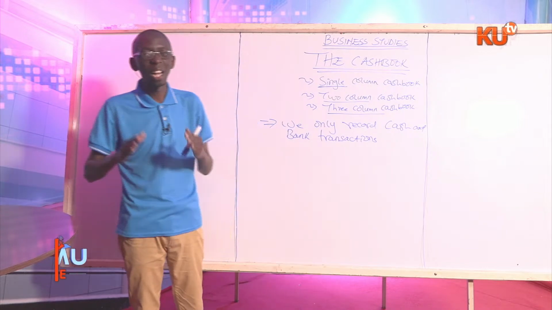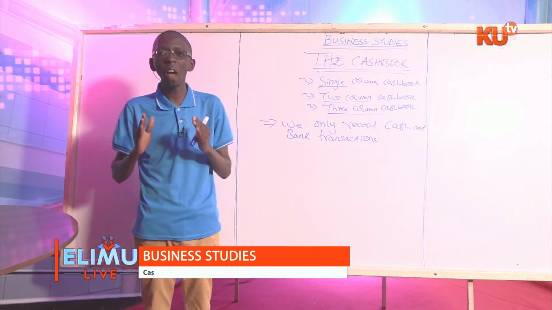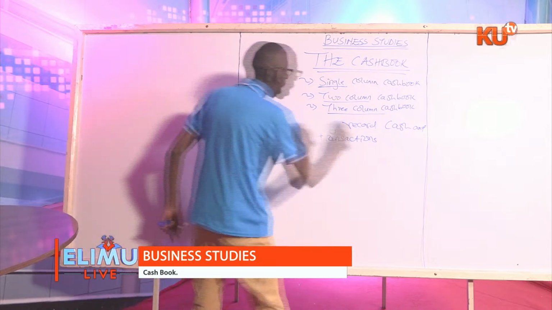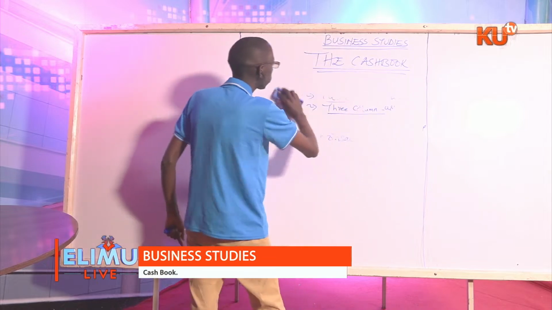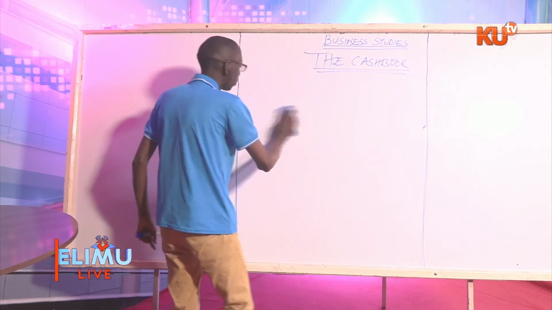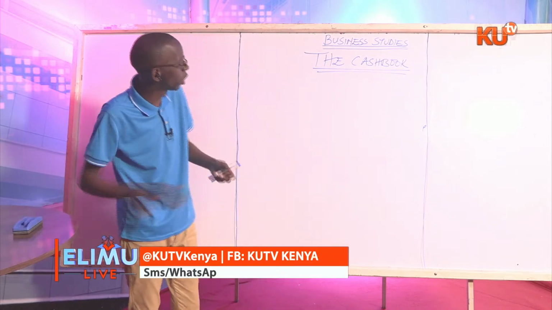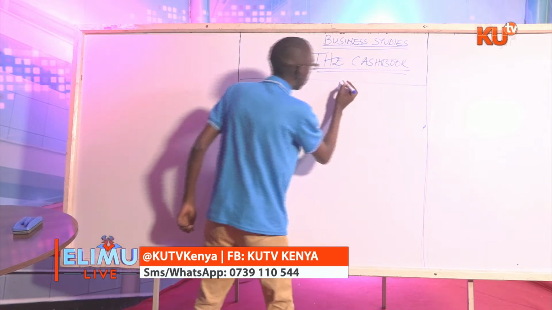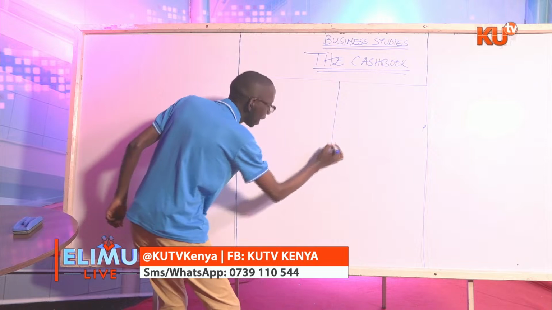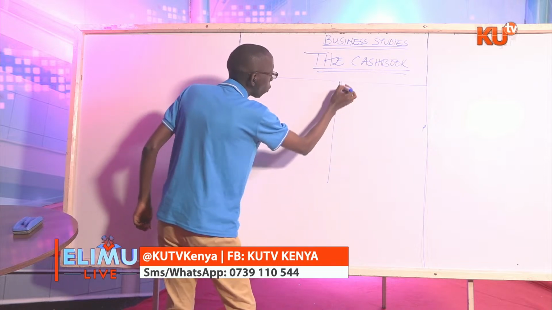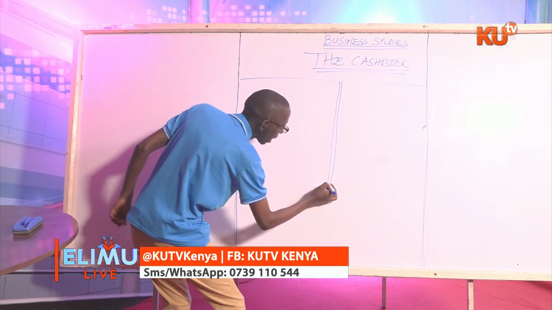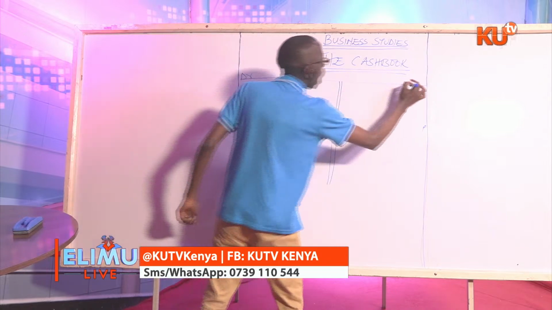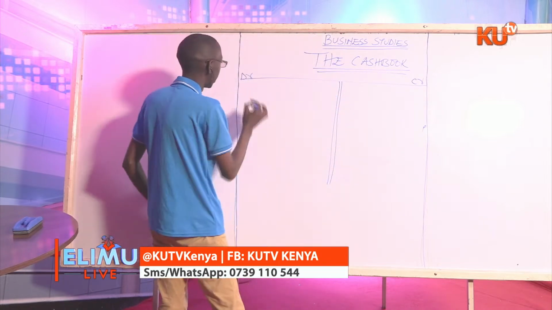My dear students, let us have the format of a three column cash book. We have to divide it into two. We have double lines there where we have the DR side and we have the CR side.